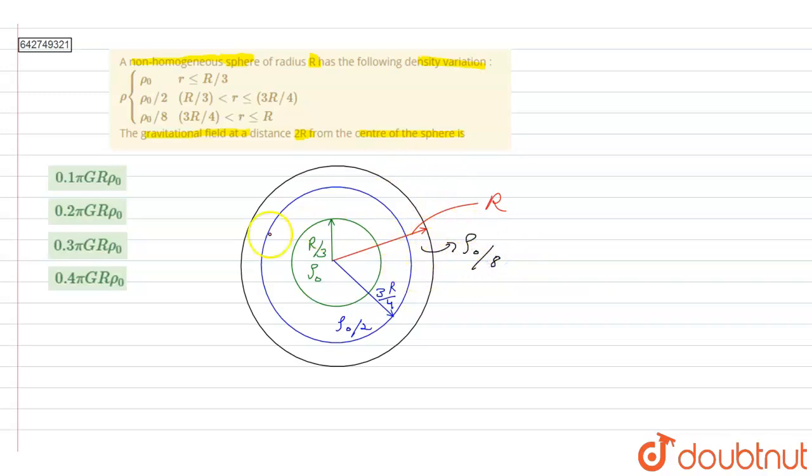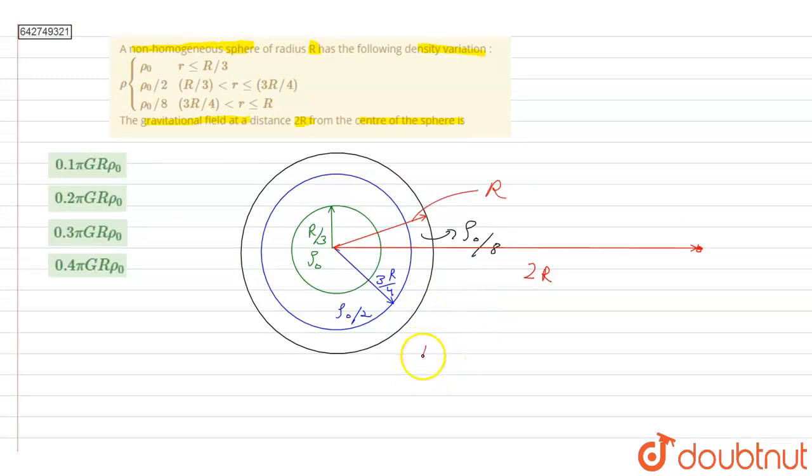So here we have the distribution of our non-homogeneous sphere, and now we have to calculate the gravitational field at a distance of 2r. Let's say this distance is 2r, and at this point we have to find the gravitational field.